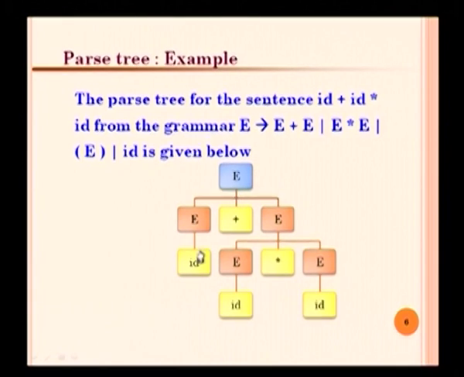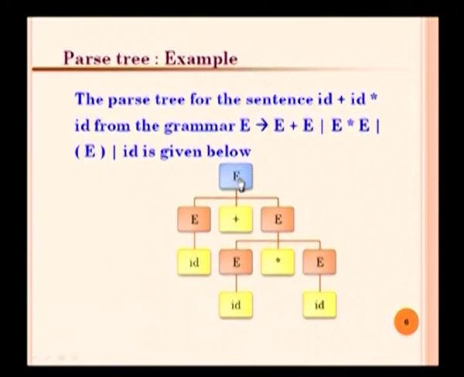Here we have the string ID plus ID star ID. When scanning from left to right, the first operator is going to be plus, so it is better to go for E plus E as the expansion for E. So, I go for expanding this E by E plus E.